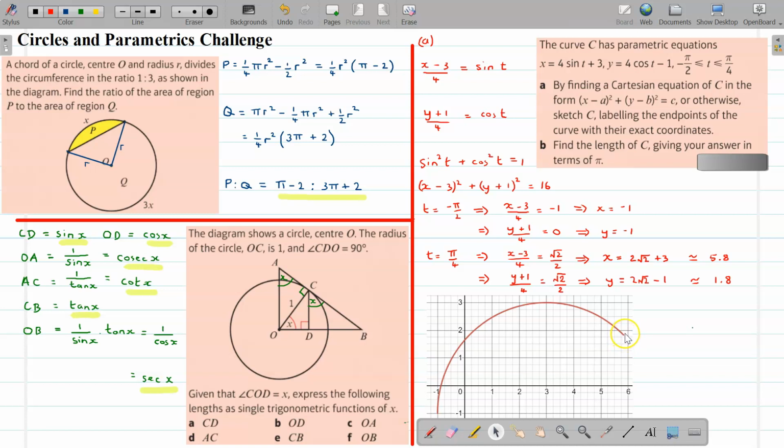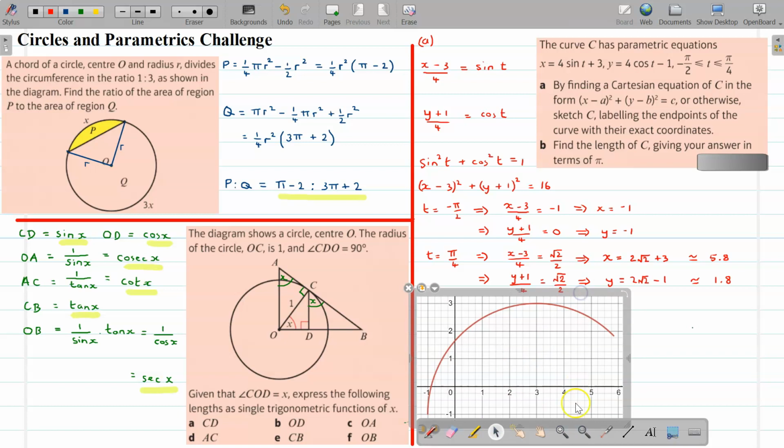Okay, and next I'm to calculate the length of this line. Now what I'm going to do is recognize that it's part of a circle. And in fact you can see that it's exactly 3/8 of a circle. If I just draw this in here in a different color, let me show you what I mean.